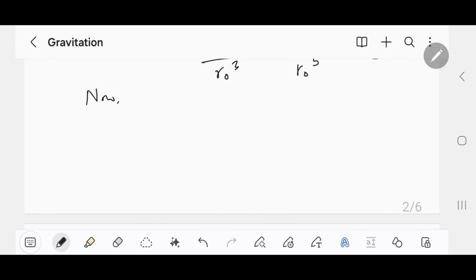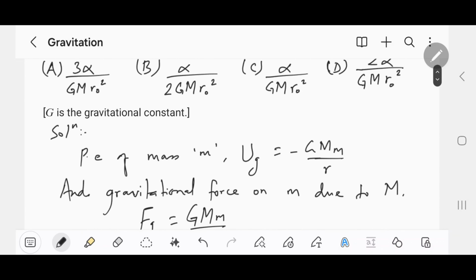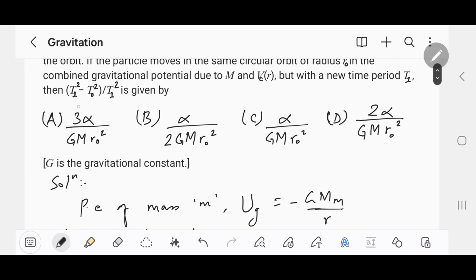Now this term here is actually 1 minus t naught square by t1 square, right?